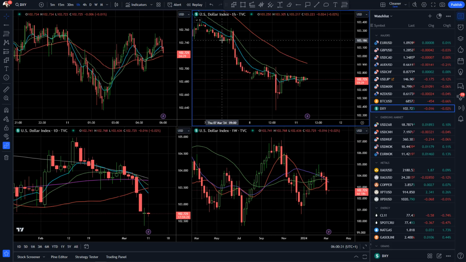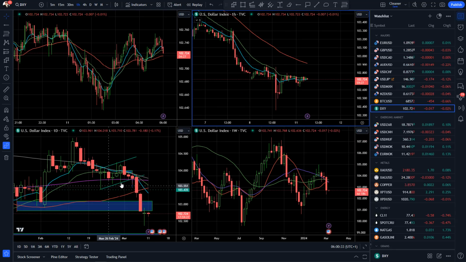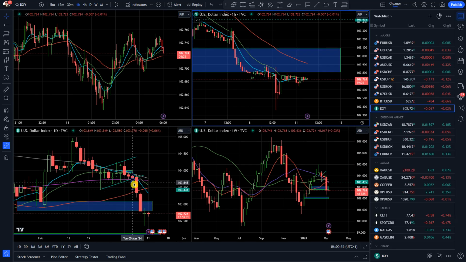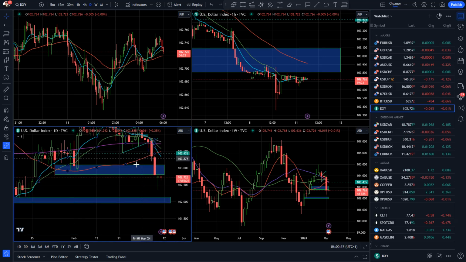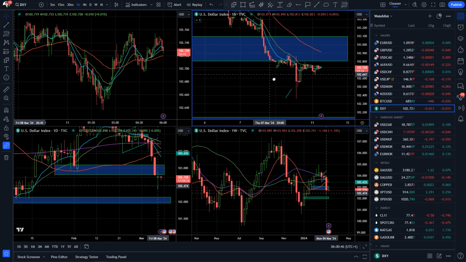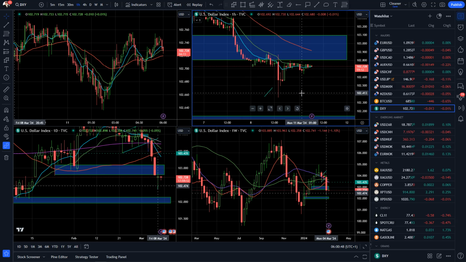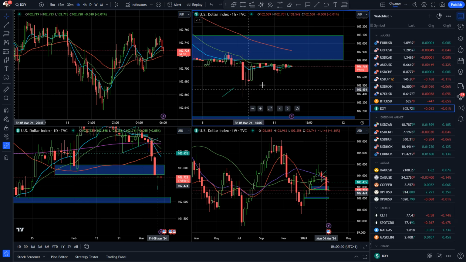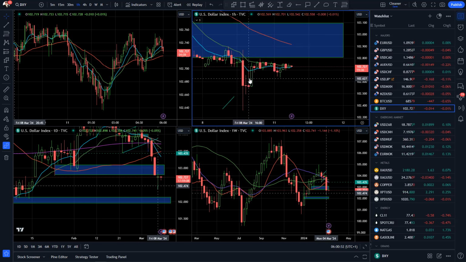Now dollar index, our bear flag worked perfectly. We broke even our key support cluster. The next one is around the 102.10 mark. But here on the hourly time frame, we had more like a climatic move. Bar, wide spread of the bar, candle close in the middle. In the next couple of bars, the market rallies. This is not a good sign for further downside move today.